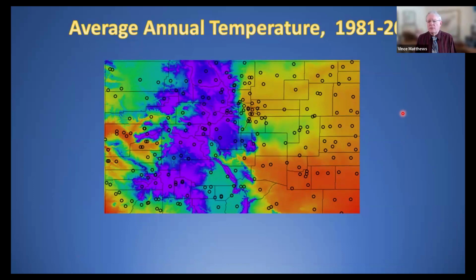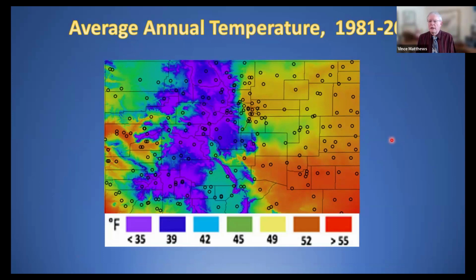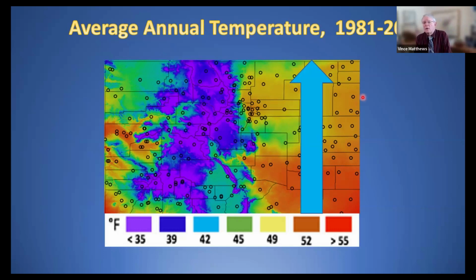Okay, our average annual temperature here, we looked at it early on, but just a quick refresher. Down here in the lower right of the state, we were averaging about 55 degrees for our annual temperature for this 30-year period. You can see the purples where we are getting into less than 35 degrees, which is very close to freezing. Going from south to north, we go from fairly warm down here and get cooler as we get up.